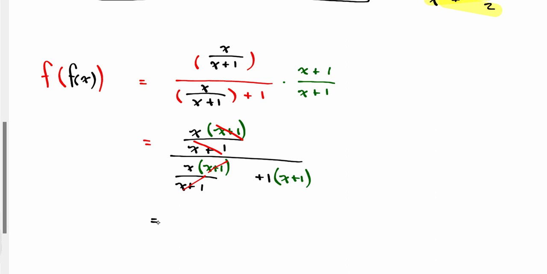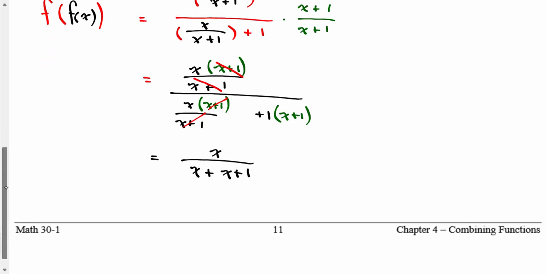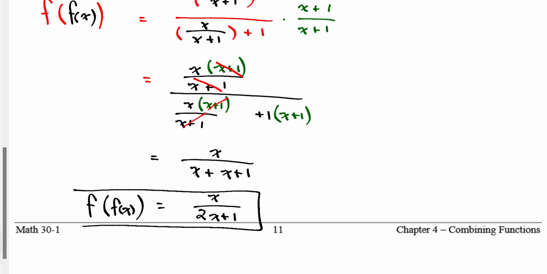And I don't have any more fractions inside of fractions. My numerator is just an x. My denominator is an x plus x plus 1, which will simplify down to x over 2x plus 1. And this is f of f of x. There is my equation with my domain, which I could say x can't equal -1 or -1/2.